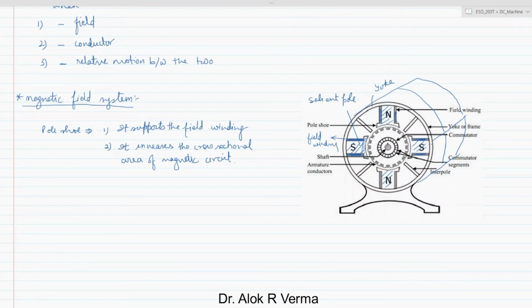Whenever current flows through these windings, it produces a magnetic field. The field lines emanate from the north pole, go to the rotor, are attracted by the south pole, and then go back to the north pole.